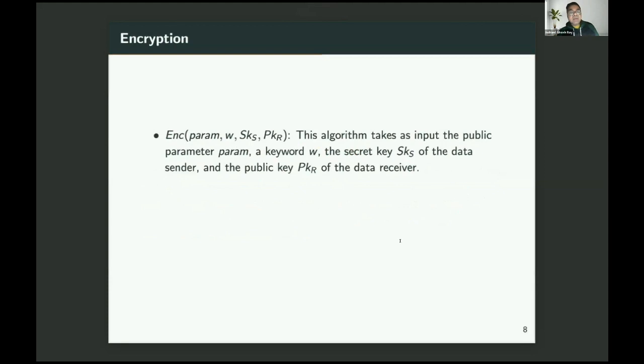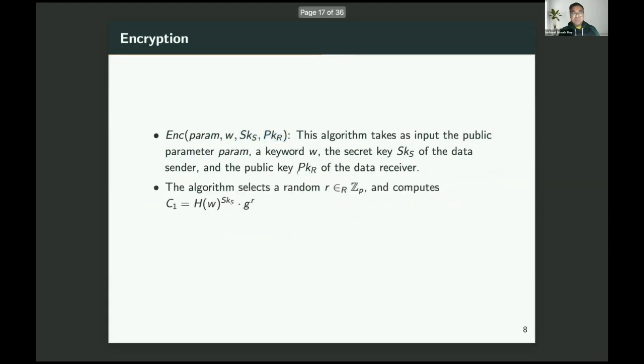Now, when it comes to the encryption, encryption is done by the data owner. All he has is the data, which is the word W, and his keys. One is the secret key and one is the public key. Encryption again generates two components, C1 and C2. C1 is this.